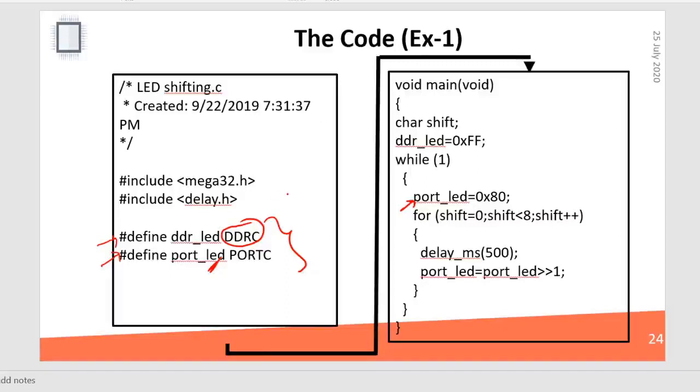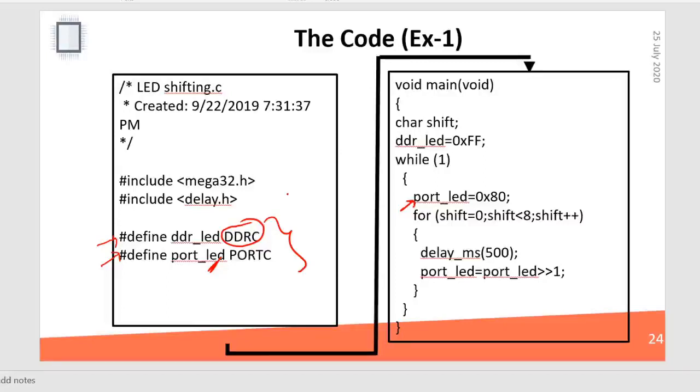In example 1, what I was doing is that you have 8 LEDs connected to 8 pins of port C, and these LEDs will glow sequentially one after another.